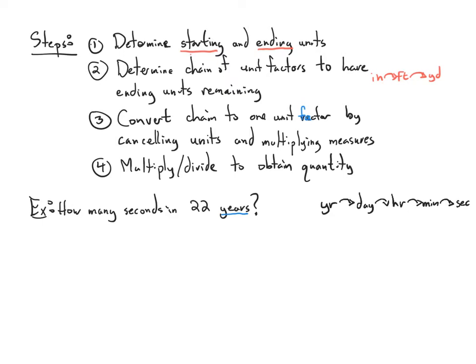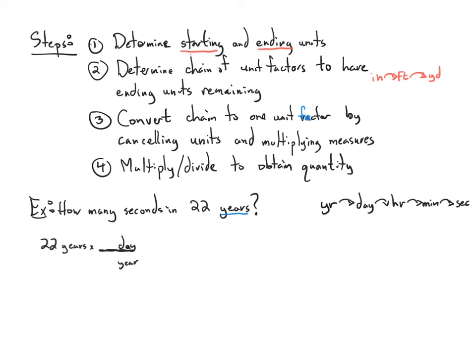So we start with 22 years. And we need to go from year to day. So we're going to put year in the denominator and day in the numerator.